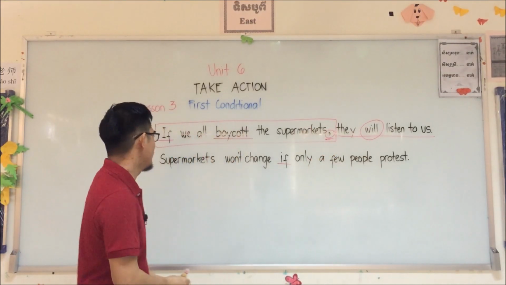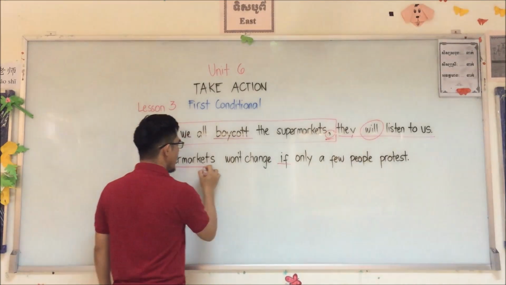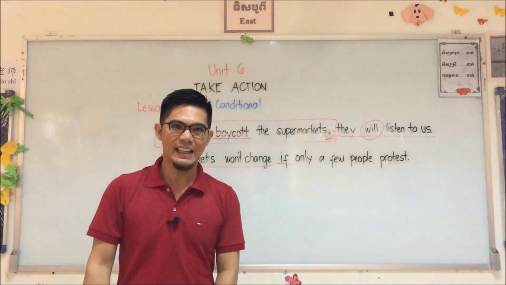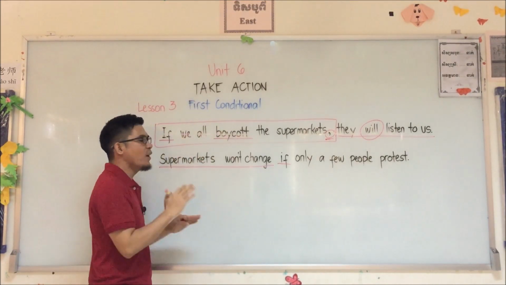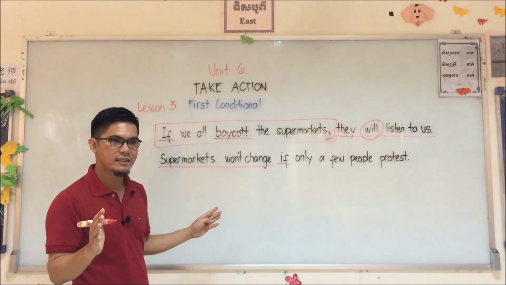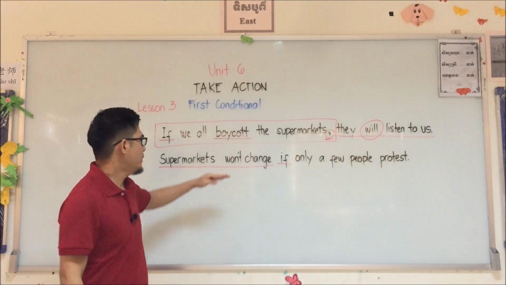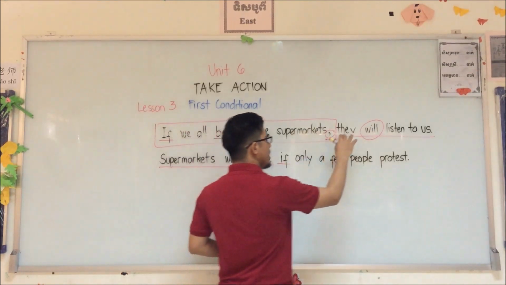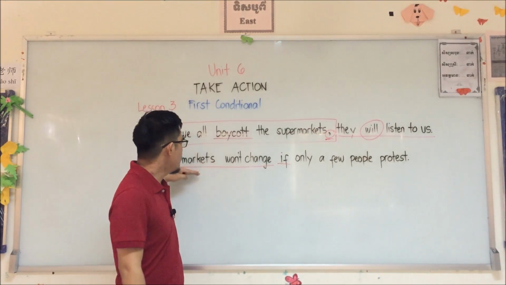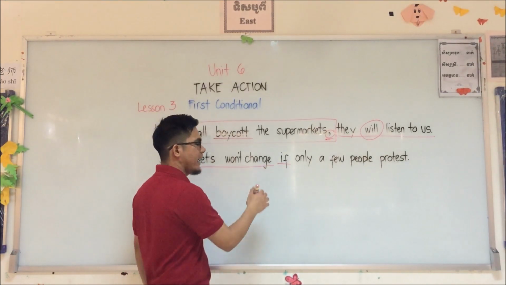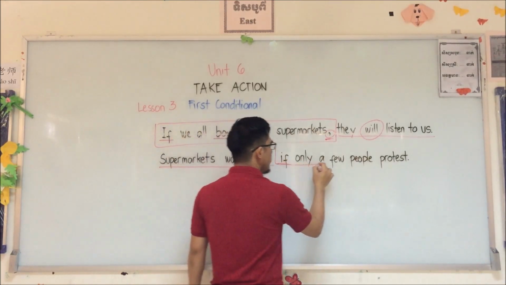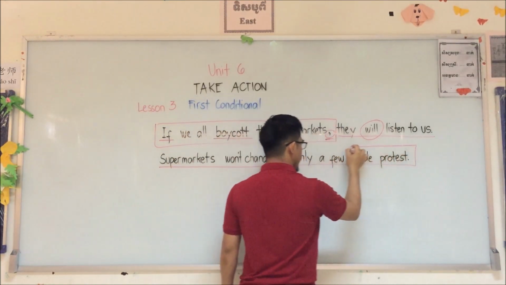Now, on sentence number 2, supermarkets won't change. Is this the result? Yeah. Supermarkets won't change. It's the negative for will. It's short for will not. Supermarkets won't change. But here, they will listen. This one, the supermarkets won't change. And the situation, because of the word if, is only a few people protest.